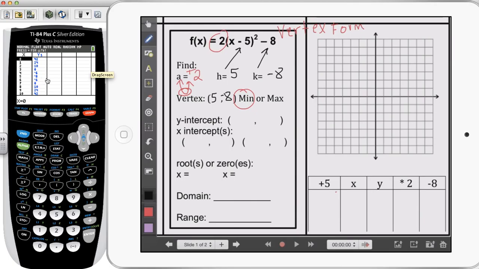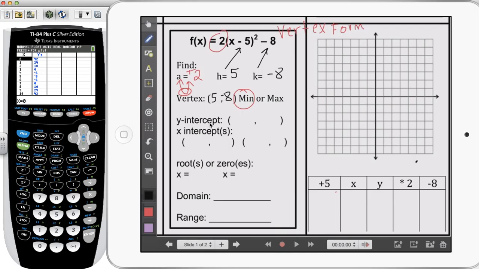So let me plot that. 1, 2, 3, 4, 5, 1, 2, 3, 4, 5, 6, 7, 8. So my point is going to be outside of my graph, so that's going to be my vertex. Now, let's look at the other questions that we have in this problem.